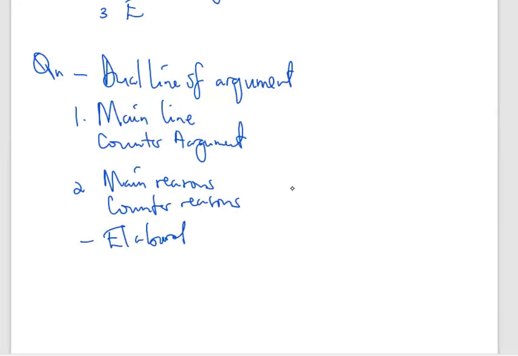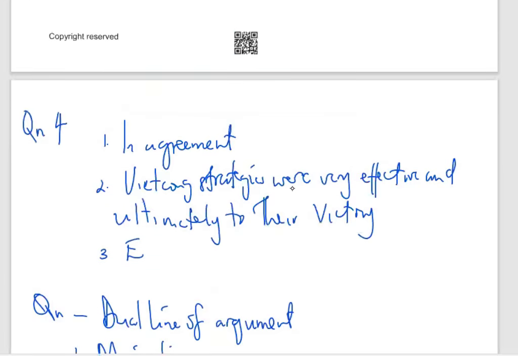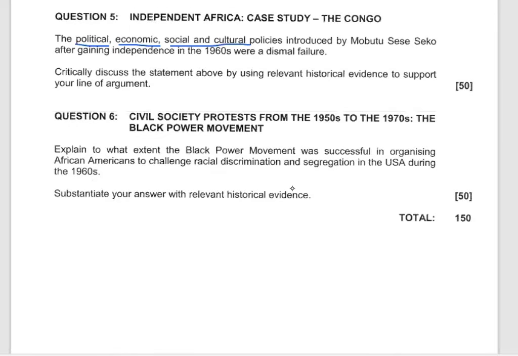What are we saying here? When you are giving the main reason, the question is saying critically discuss that Mobutu failed. So in a critical discussion question, you are supposed to either approve the statement or disapprove the statement. In this case, our direction of the argument is in the negative direction.